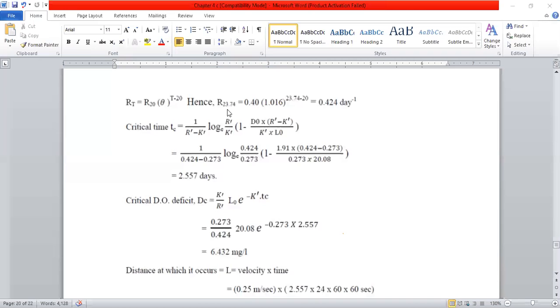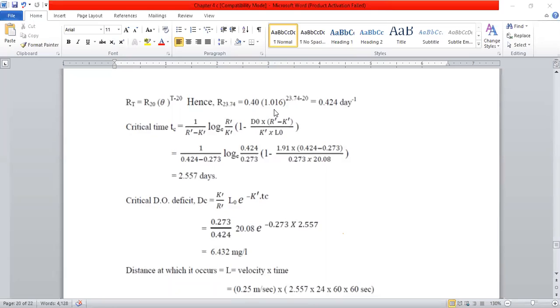Okay. Now RT is equal to R20 into theta raised to T minus 20. RT in the sense, at which temperature do we need to calculate? We need to find out at the temperature 23.74 degrees Celsius. So RT at 23.74 degrees Celsius is equal to R20, the value of R20 is given to you, 0.40, into theta.